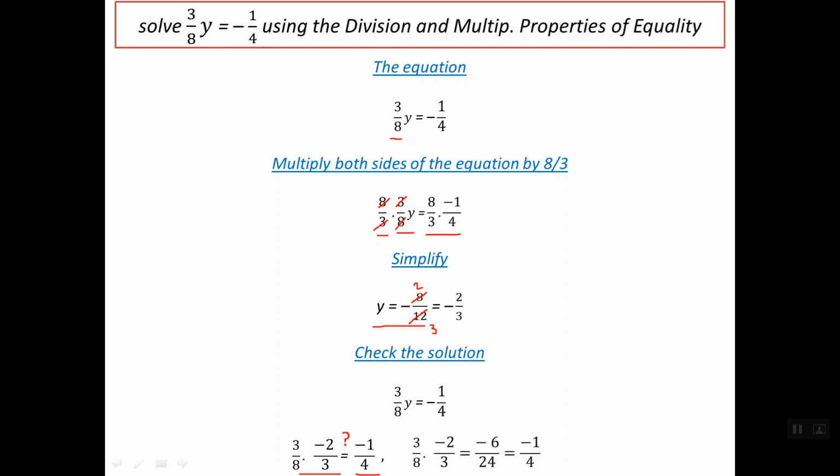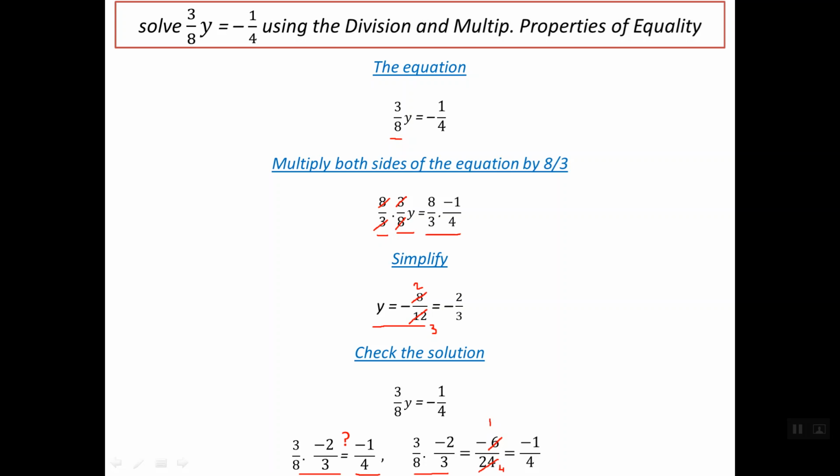For the left side, these are the two fractions which are multiplied. So 3 times minus 2, we have minus 6, and 8 times 3 is 24. 6 over 24 can simply be simplified: 6 divided by 6 gives us 1, and 24 divided by 6 gives us 4. So the result is minus 1/4. So the solution is correct.